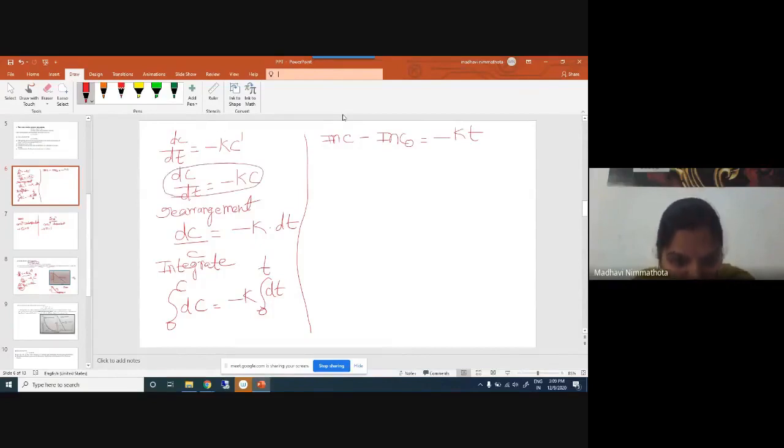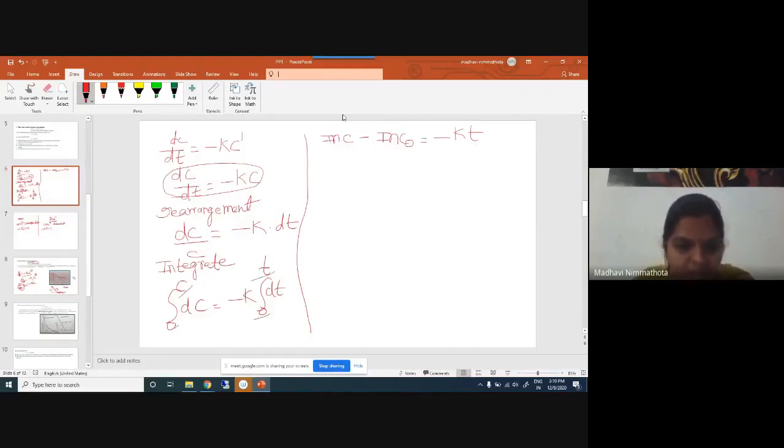After rearrangement, you bring this C to here, and it will be minus k into dt. Then integrate between the initial concentration and the concentration at time t. This is the initial concentration at the initial time, and this is the plasma drug concentration at time t.